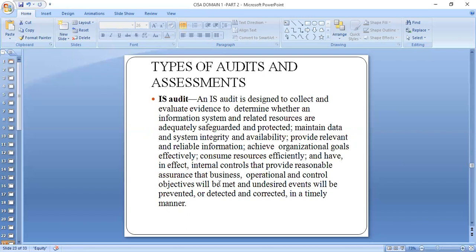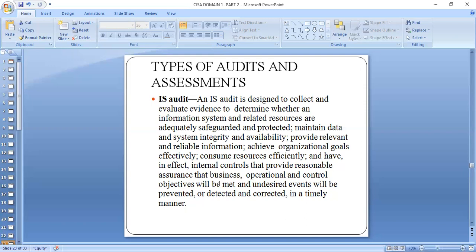Okay, let's look at types of audits and assessments. So we have IS audit, which is basically auditing of technology and the subsystems around the technology. That's why we call it IS audit, not IT audit. So we audit technology, we audit the people, we audit the policies, we audit the procedures, we audit the organizational structures, we audit the management systems.